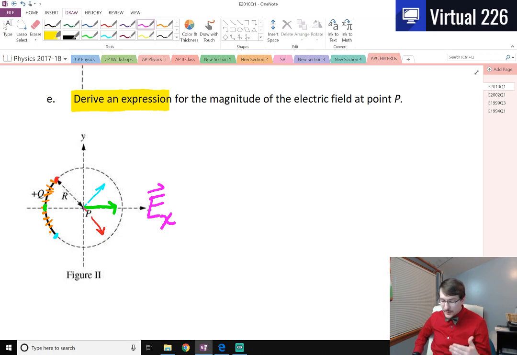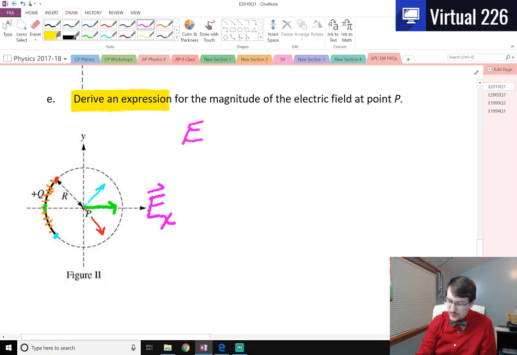So the electric field at point P is this E sub x. The magnitude of the electric field, which when they say magnitude, they're talking about an absolute value. If you don't put that, that's fine. But they really want you to say that this is in the x direction only, which we know.